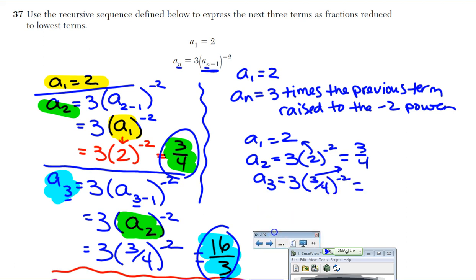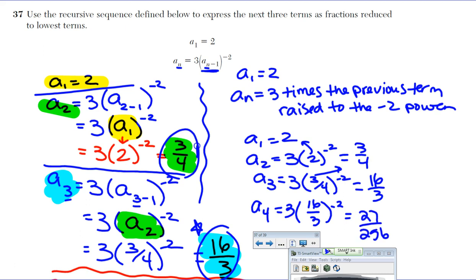And again, you still have to do that calculation that you did right here. So that's going to give you 16/3. And then A4 would equal 3 times the previous term raised to the -2. And again, you will do that calculation and still get the same answer. So whichever way you prefer to do it is fine.